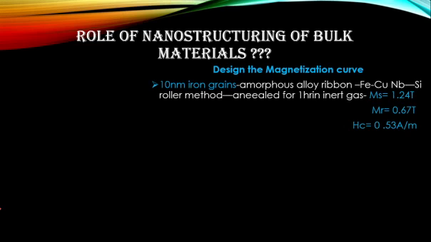For example, consider 10 nanometer iron grains in an amorphous alloy ribbon, synthesized using the roller method and annealed for 1 hour in inert gas. The magnetization obtained is of the order of 1.24 Tesla. Remnant magnetization is 0.67 Tesla, and coercive field is 0.53 ampere per meter.